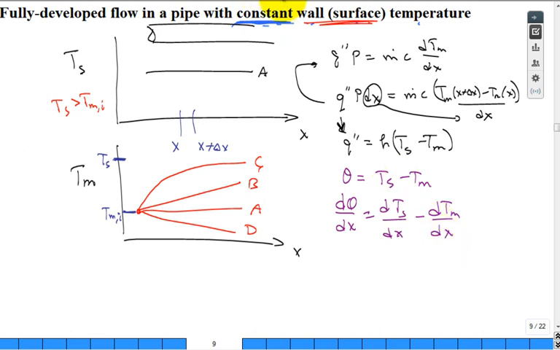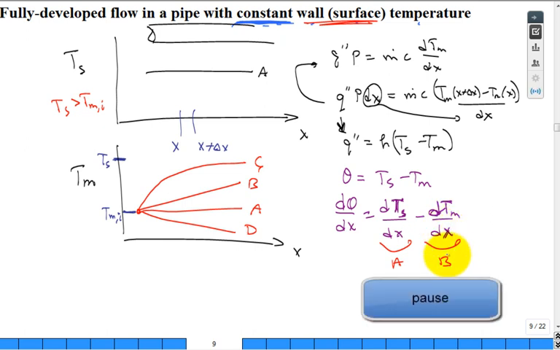All right. One of these is 0. Either A is 0 or B is 0. Either the rate of change of the surface temperature, Ts, is 0, that's answer A, or the rate of change of the mean fluid temperature with respect to distance x is 0, answer B.